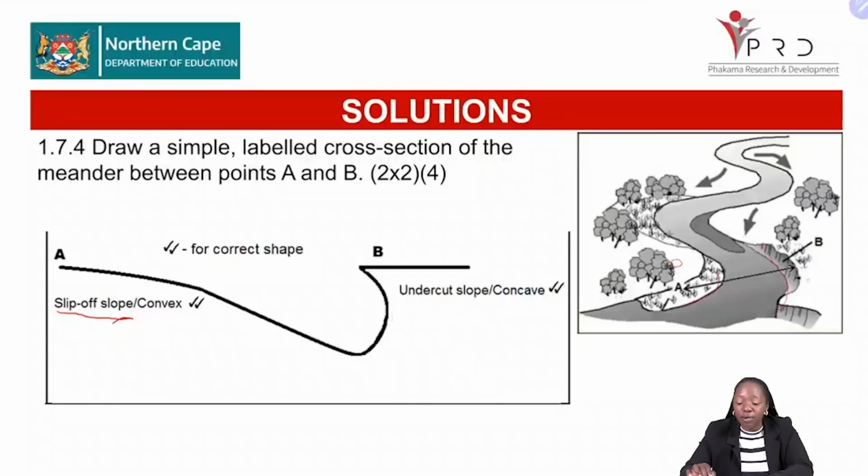The undercut, remember, there is an erosion, where at A there is deposition. So here we're just showing the labelled cross-section of the meander between point A to point B. Remember, at point A, because there is deposition, it's supposed to be higher, and at point B, because there is erosion, it's supposed to be lower, as you can see here. So it's 2 marks and 2 marks.